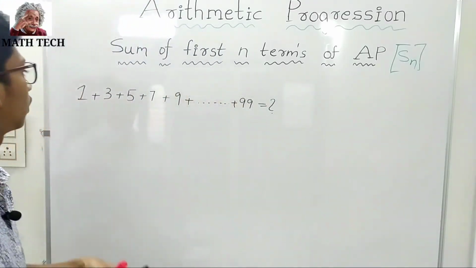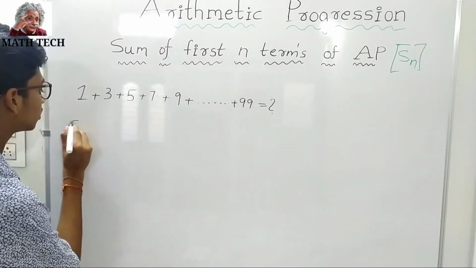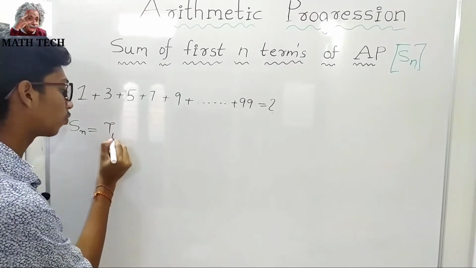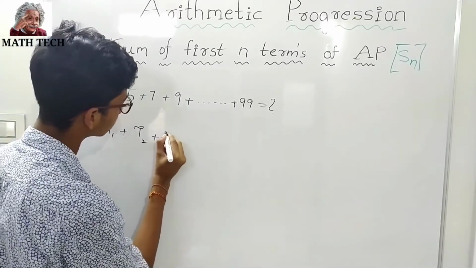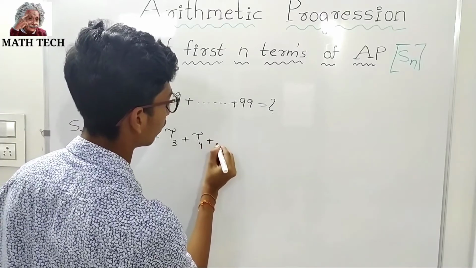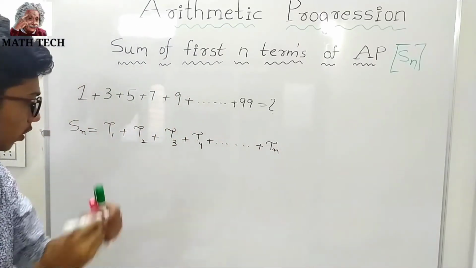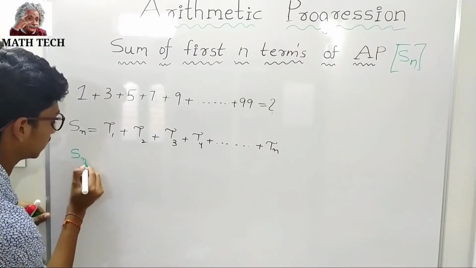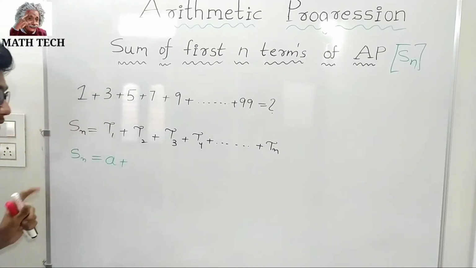To find this, first of all, it is denoted by Sn. Sn is equal to term 1 plus term 2 plus term 3 plus term 4 added up to the nth term. Sn is equal to, first term is a.